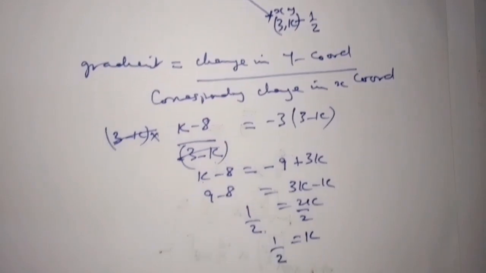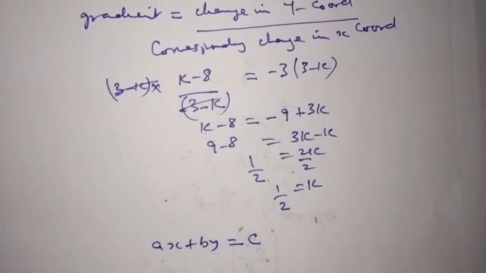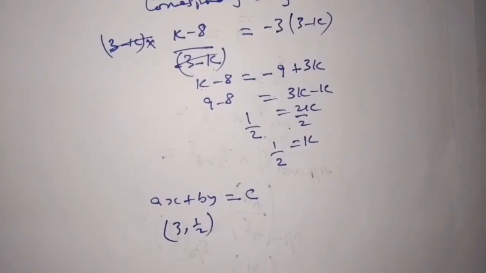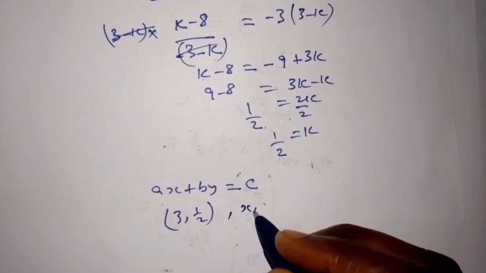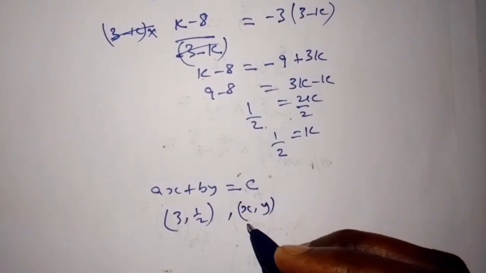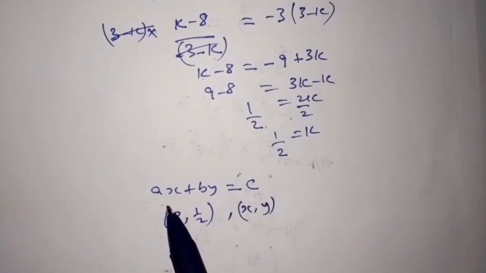So we can take point (3, 1/2) and another point (x, y) in order to come up with this equation of ax plus by is equal to c.